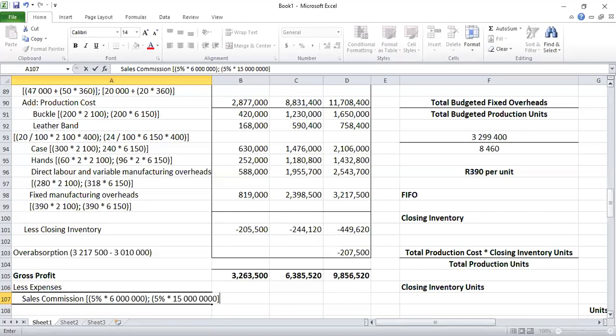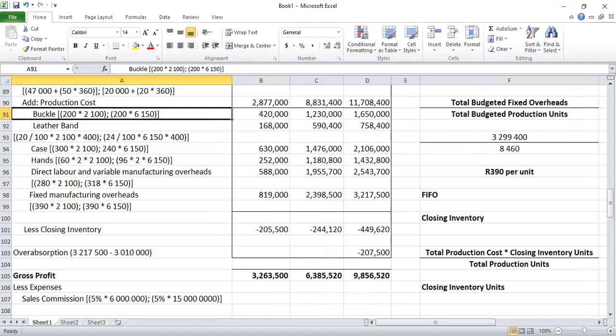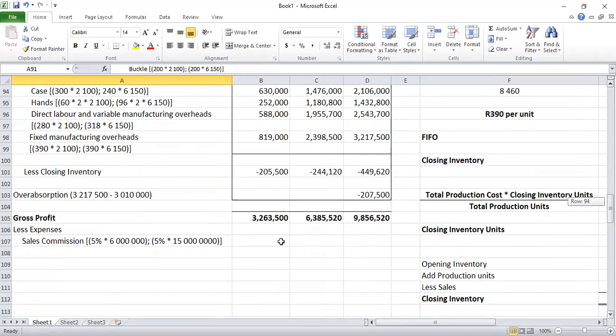So if it's given per unit, multiply by the number of units sold, not the number of units produced, because this is a sales cost. What do we get? $307.50.